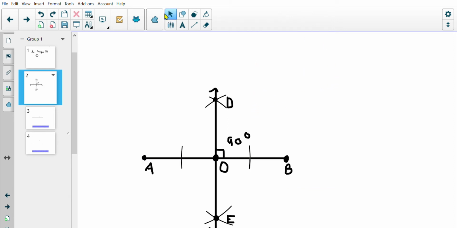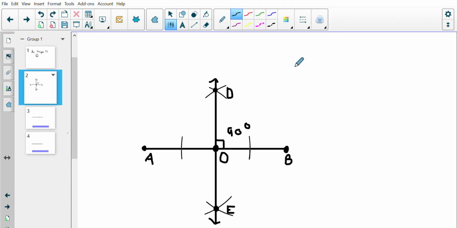Okay, so we can write line DE is perpendicular to line segment AB. Okay, so here we have it. And I also told you that we have an angle DOB, so I'll write that as well.